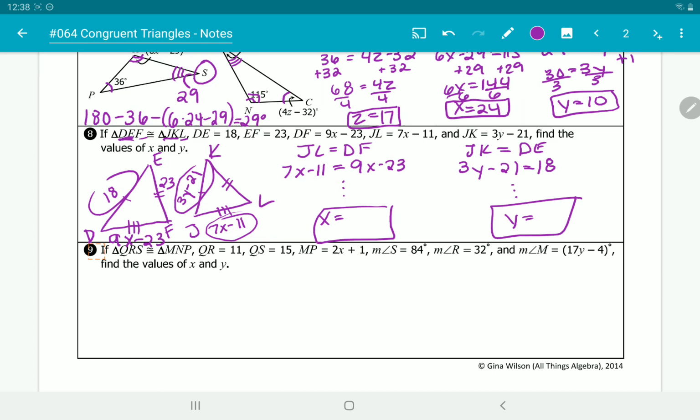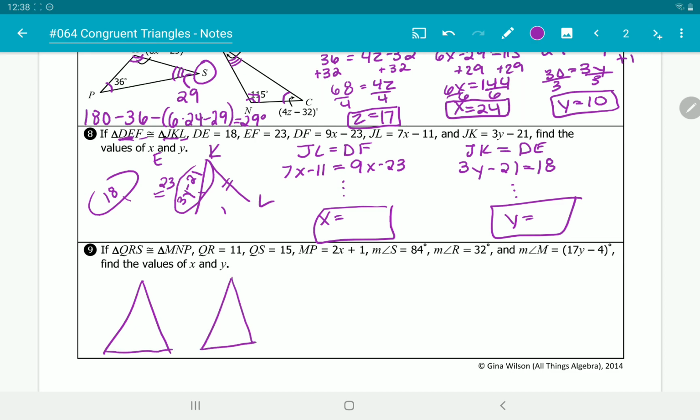Okay, so now I'm going to go ahead and erase this a little bit so it's not in the way of this one. And I'm going to go ahead and draw the triangles. I'm not going to set this up for you. I want you to be able to do this on your own. Draw the triangles, okay? QRS, and MNP, okay?